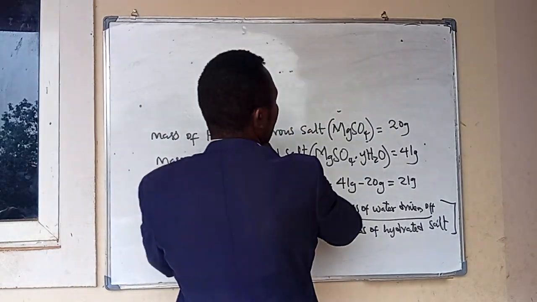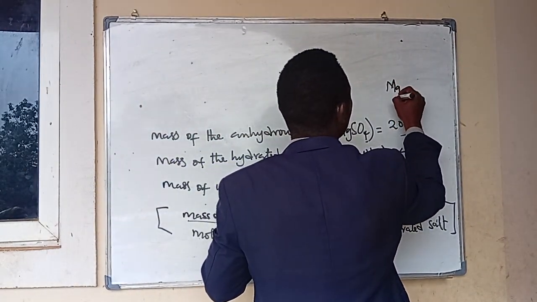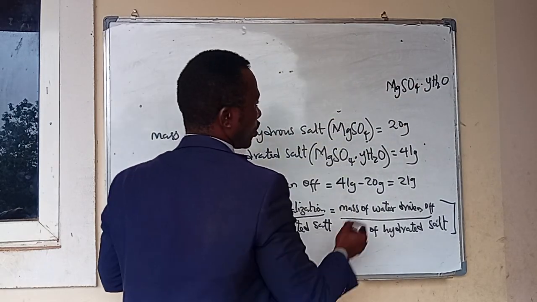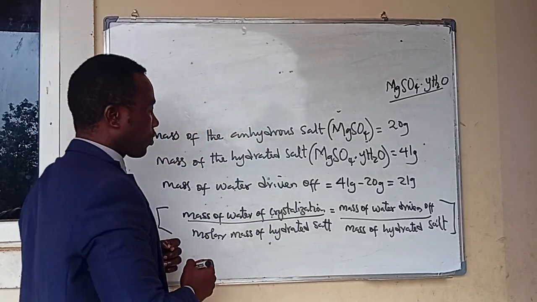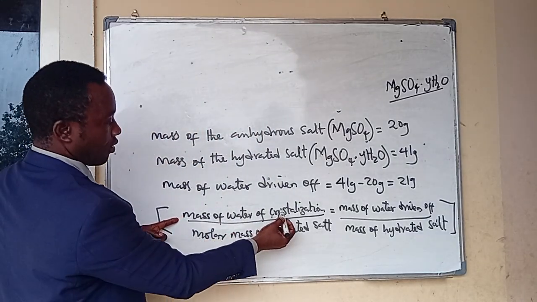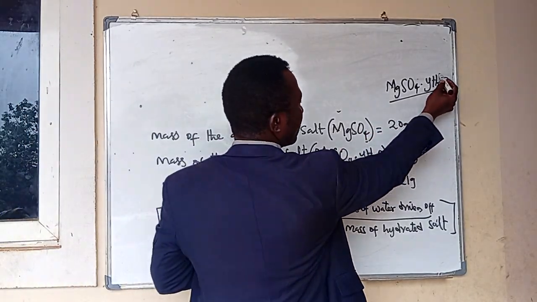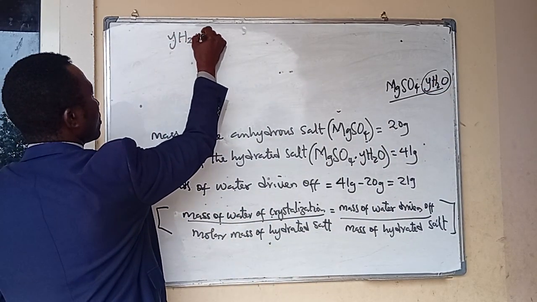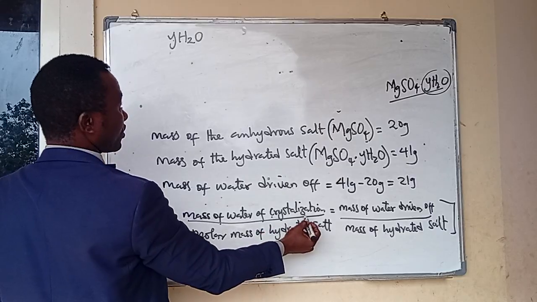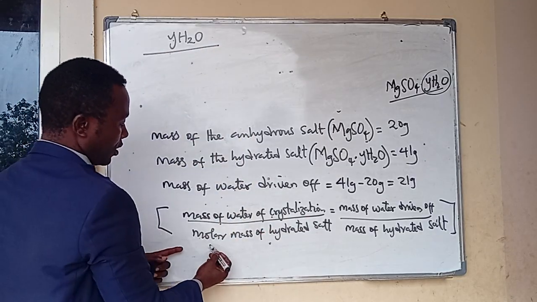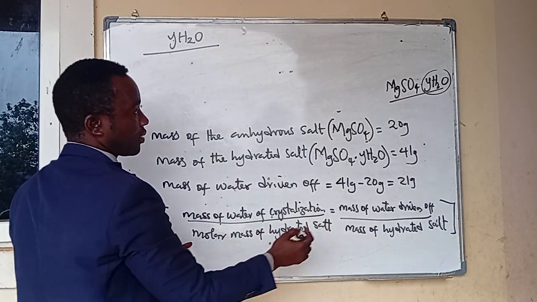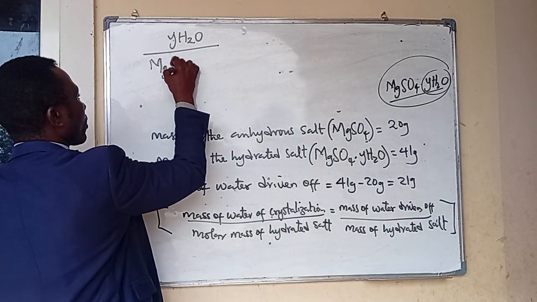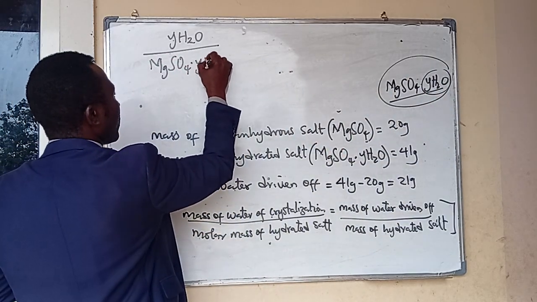Remember that the salt we are talking about is MgSO4.YH2O. So if you look at this compound, the mass of water of crystallization in this compound is YH2O. That will give us the mass of water of crystallization. Then we'll divide it by the molar mass of the entire compound, MgSO4.YH2O.